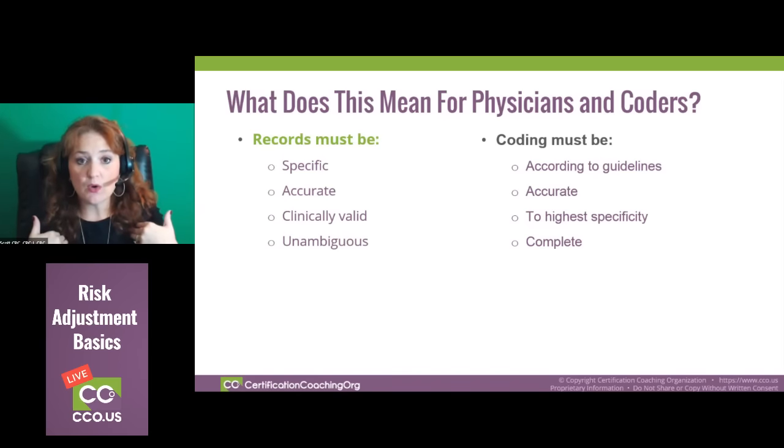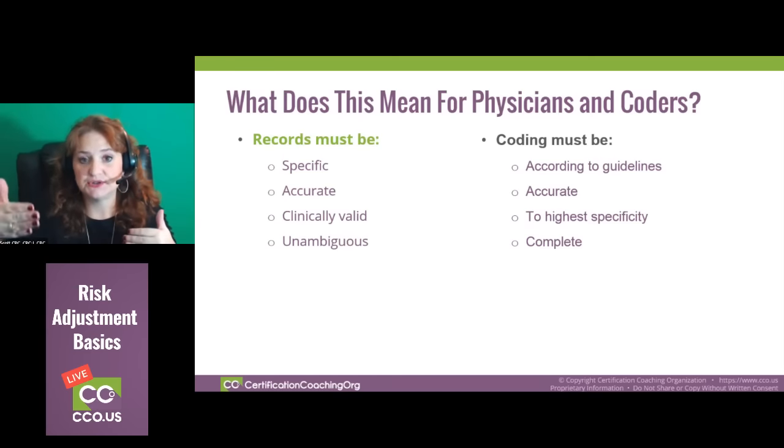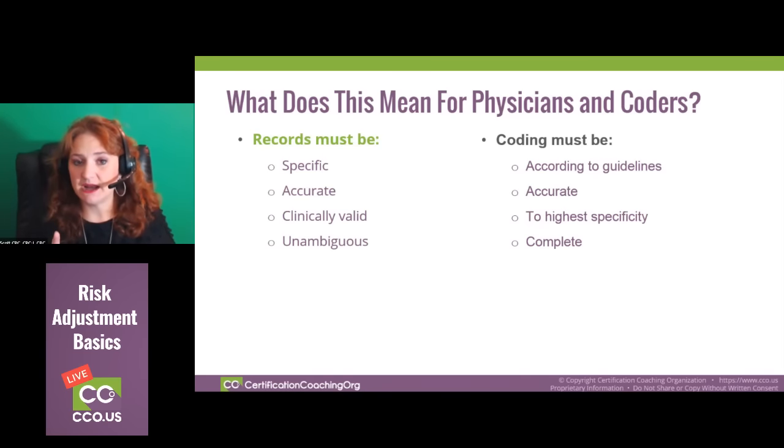But part of our role as a document specialist is saying, this is the specificity I need to be able to do the risk adjustment assessments and coding for your practice. This is what Medicare looks at. And it's not just Medicare now, because we have HHS HCCs. We'll talk about that in a moment too.